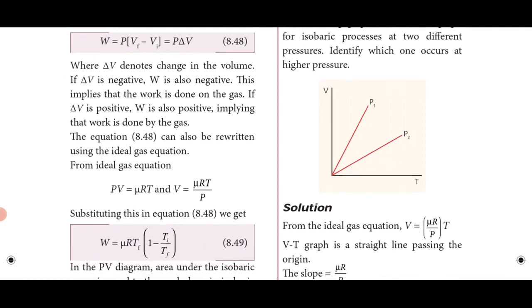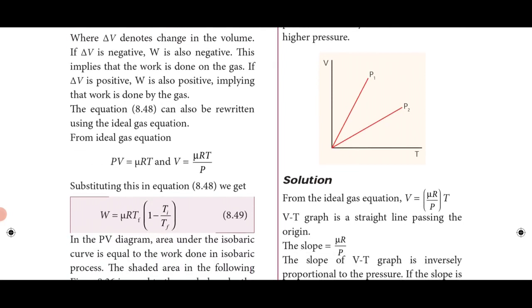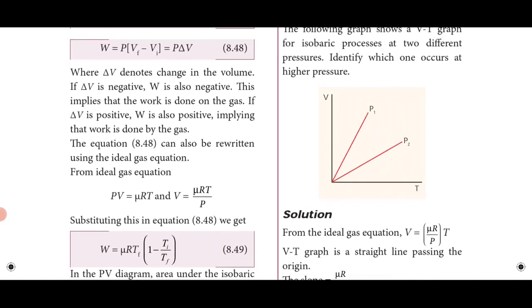If delta V is negative, the work done is also negative, which implies that the work is done on the gas. If delta V is positive, the work done is also positive, which implies that the work is done by the gas. So there are two different cases. If it is negative, work is done on the gas.